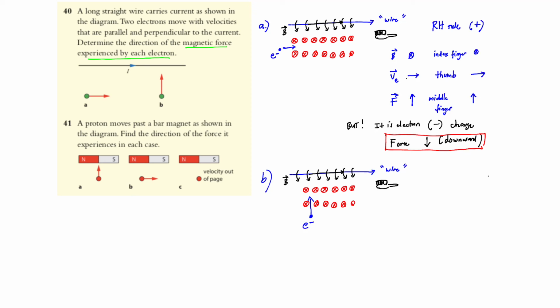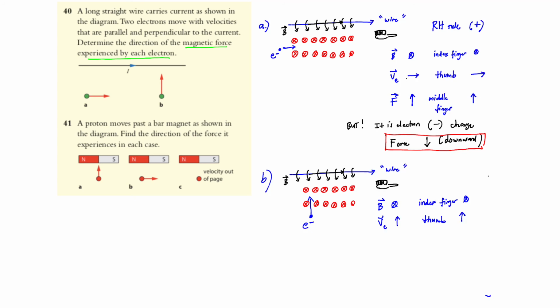Now, if we try again to represent it with the right-hand rule, again, the magnetic field is into the board. And so the index finger will be represented by into the board. And then the velocity of the electron goes up, and so therefore the thumb will be represented by up.